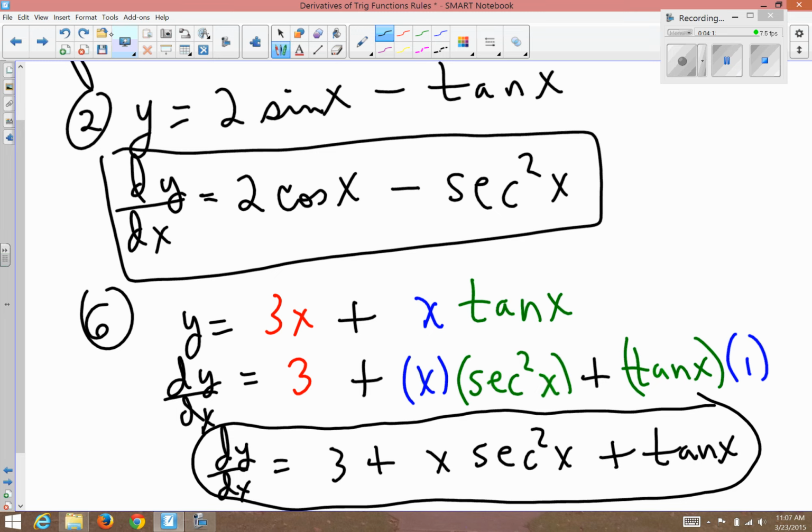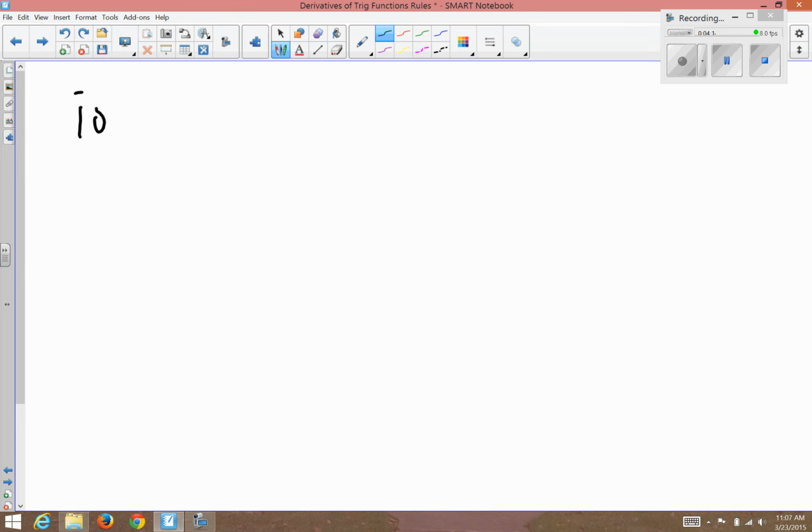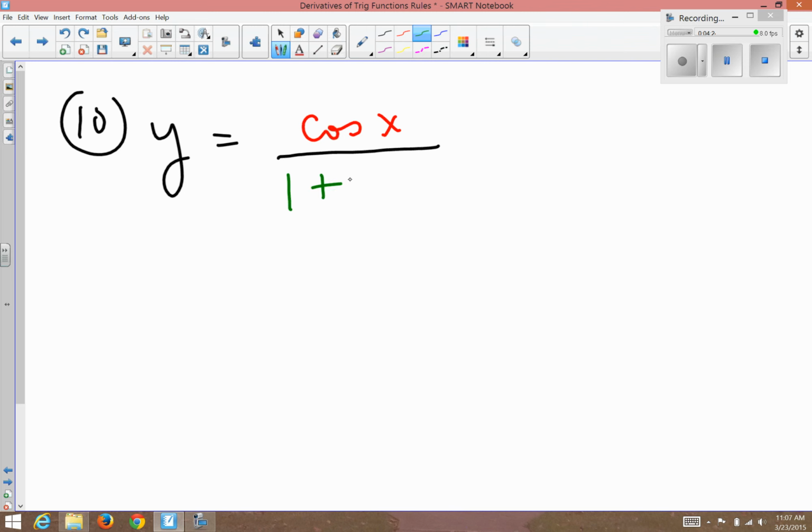Number 10. y equals cosine x, that's a numerator, over 1 plus sine x. That's a denominator. The derivative of a quotient is the denominator times the derivative of the numerator minus the numerator times the derivative of the denominator all over the denominator squared.